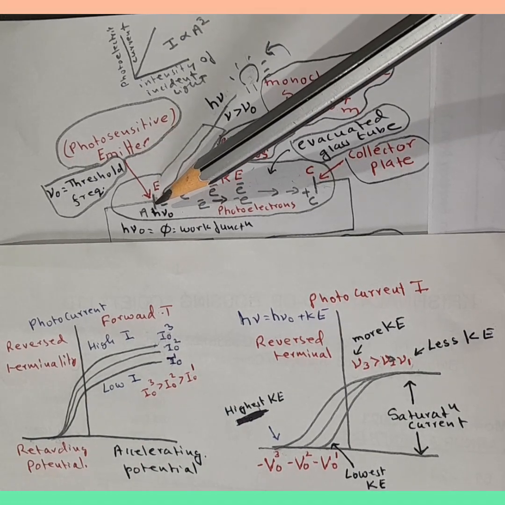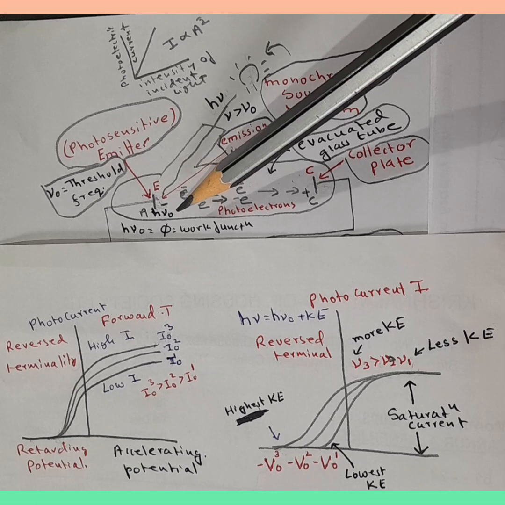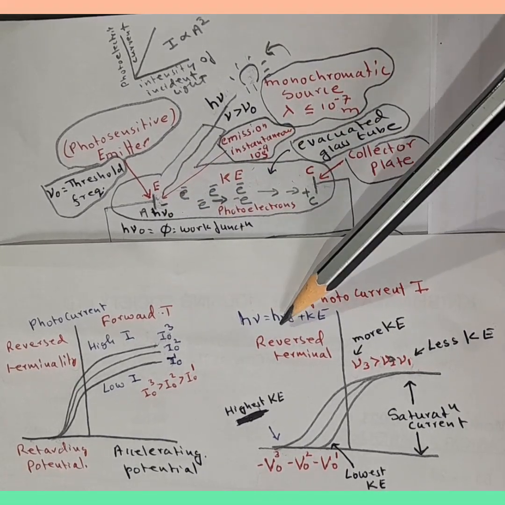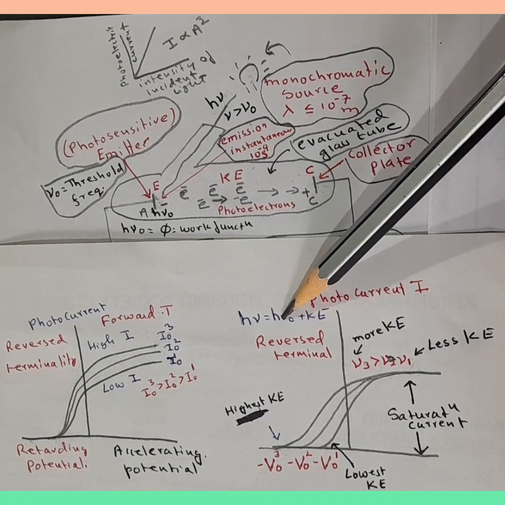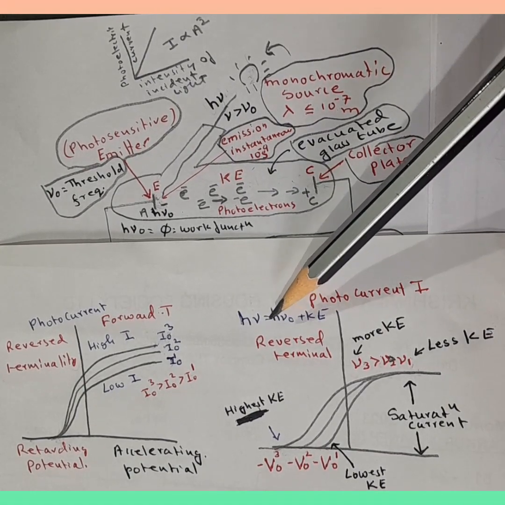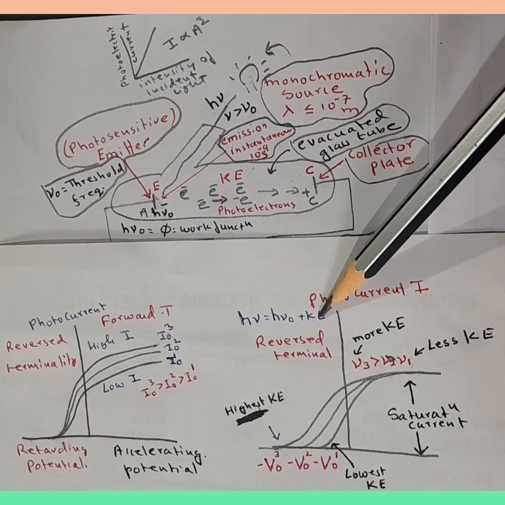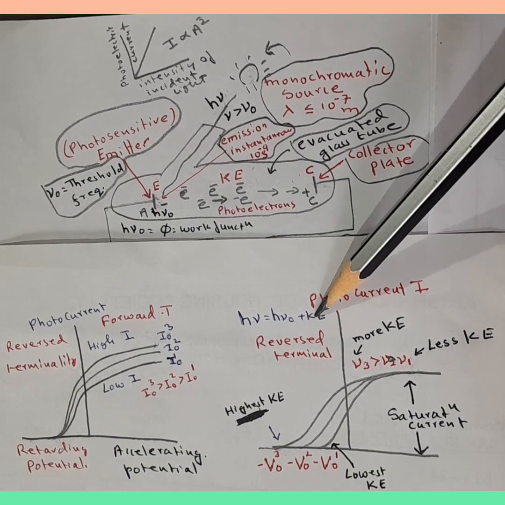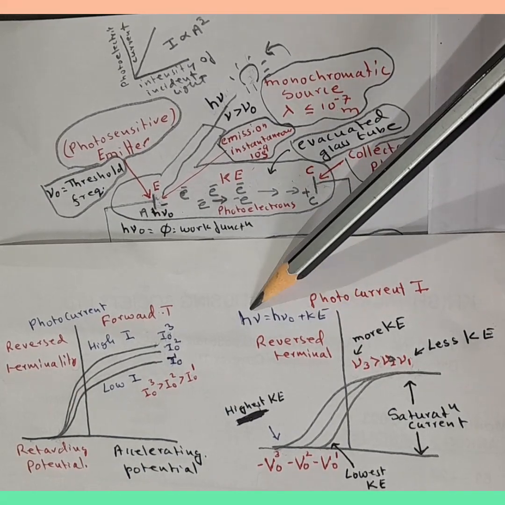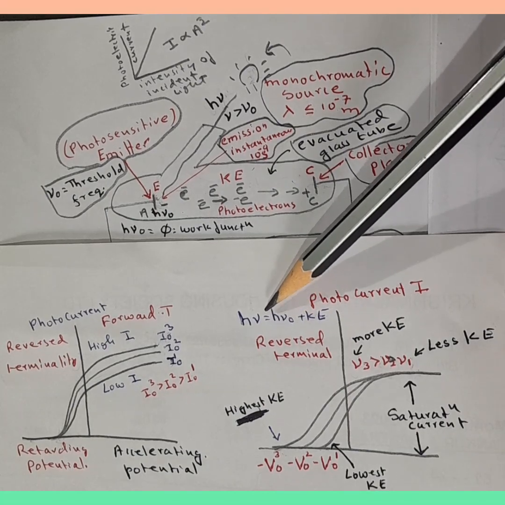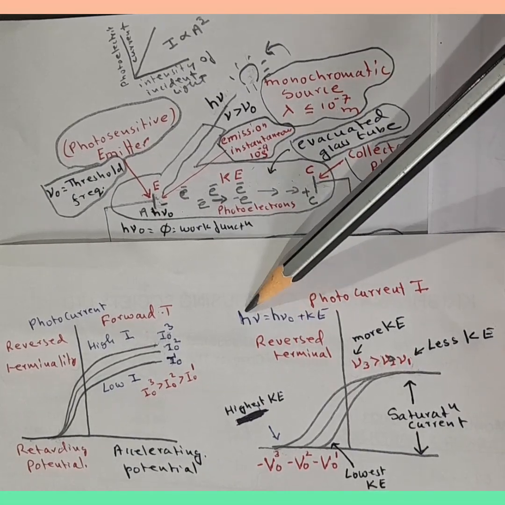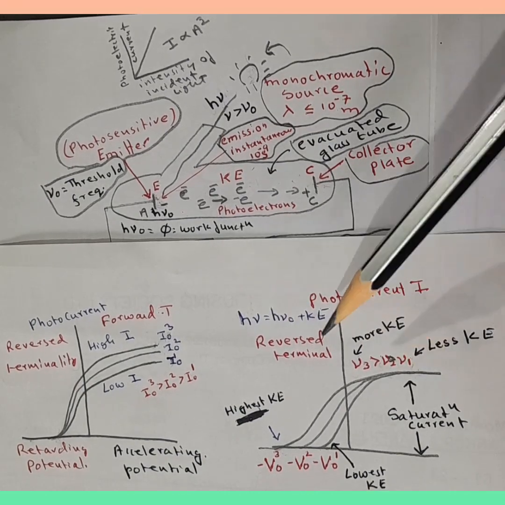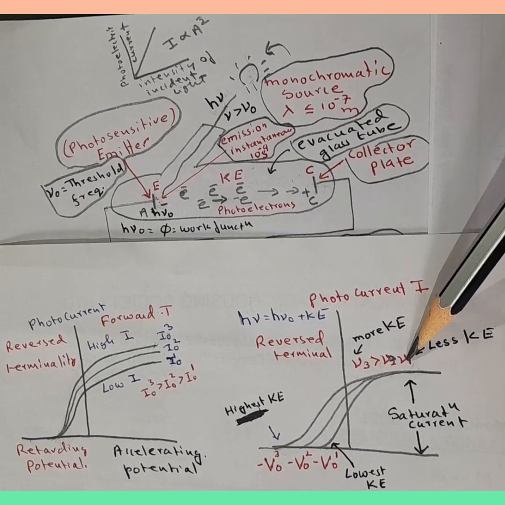So what is left is 380. So 400, with 20 taken for stripping the electron or threshold energy, leaves 380 joules. Kinetic energy would obviously be more in this case because of more energy, and for both cases the threshold energy is the same. So more energy means more kinetic energy here, less energy and less kinetic energy for this.